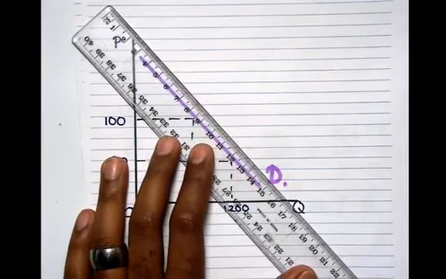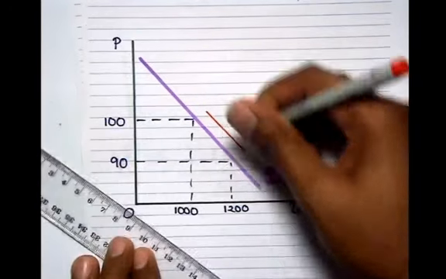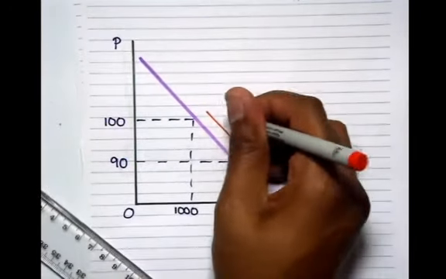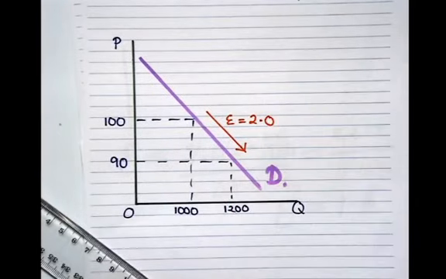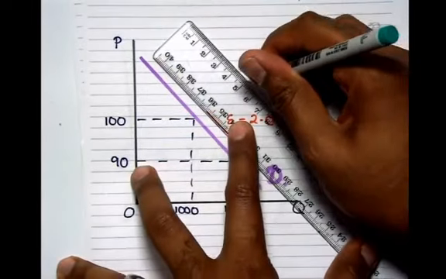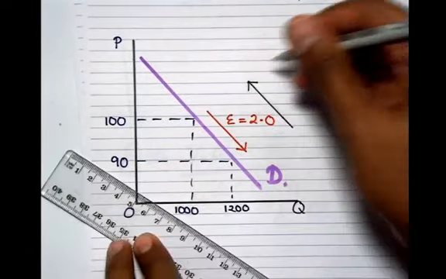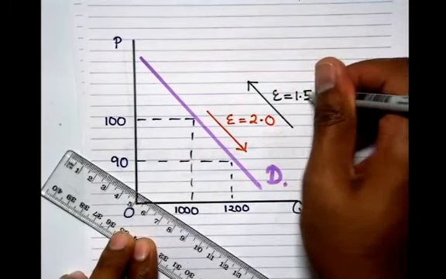When the price went down, we got an answer for elasticity of 2.0. But when the price went up, we got an answer of elasticity of 1.5.